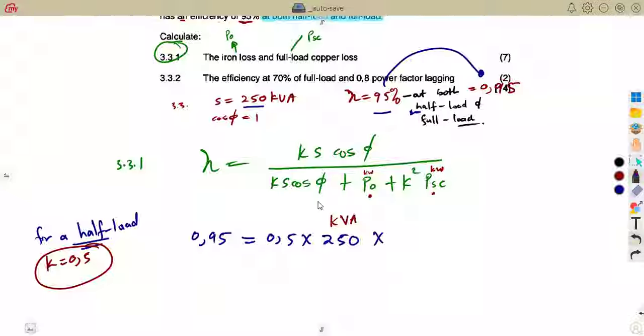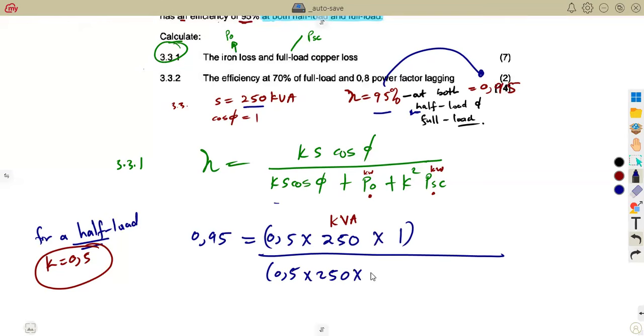All right, so that's it, guys, for a unity power factor. That's a 1, all right, over what? This part here is simply a repetition. So that's 0.5 times 250 times 1 plus the open circuit, and remember our K is 0.5, so that's plus 0.5 squared P short circuit, like that.